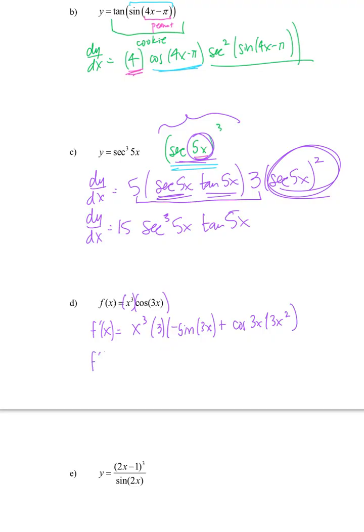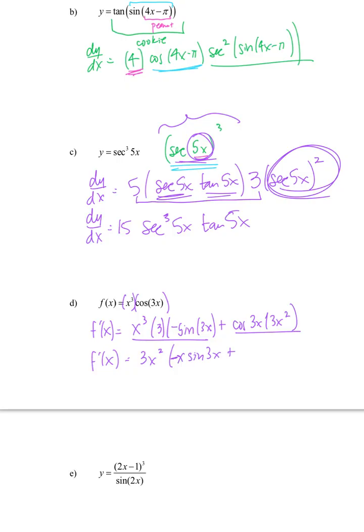Okay, now these two terms seem to have a 3x squared in common. So then I am left with an x, actually a negative x sine 3x.